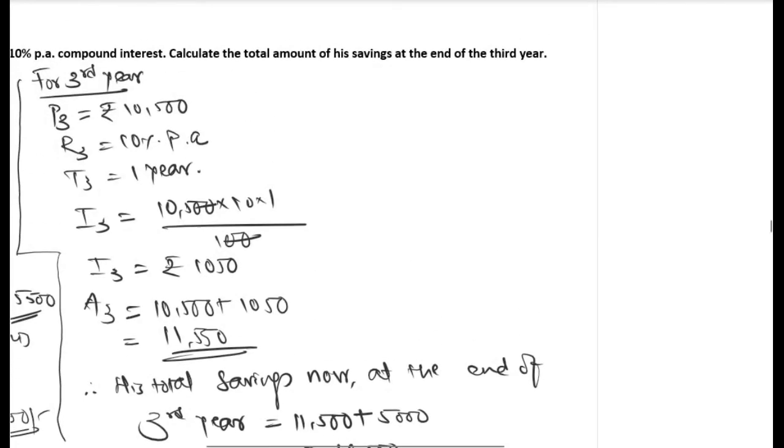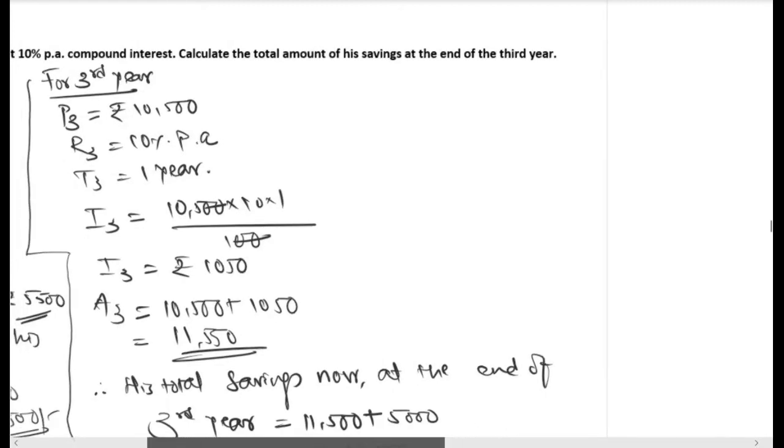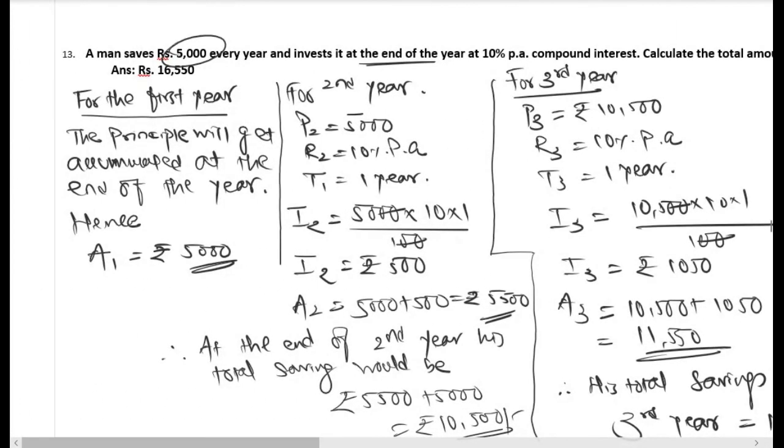Now you understand how this saving game goes. It all depends upon the conditions given in the question. If it is given that he is investing at the beginning of the year, then you would take 5,000 at the beginning of the year, and the principal would change in that way.